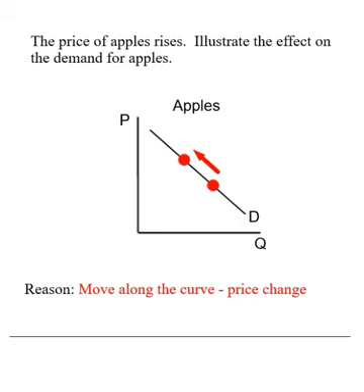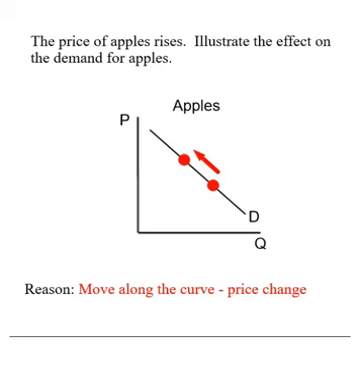It's a move along the curve because the price of the thing has been affected. So it wasn't the price of something you'd buy instead or with apples. It is just the price of apples. So the reason is this is a move along the curve. It's a price change. And anytime you have a move along the curve, you're going to do two dots on the line anywhere.